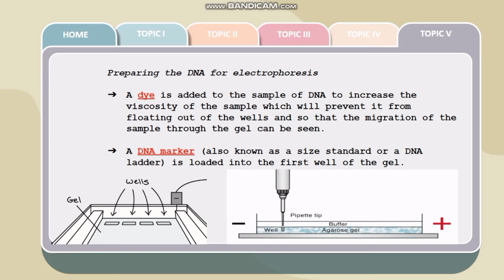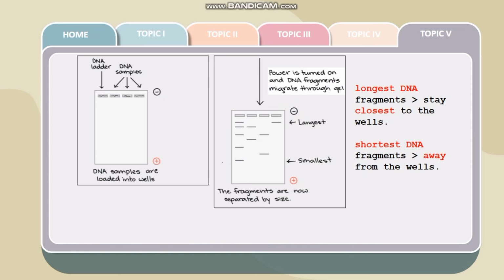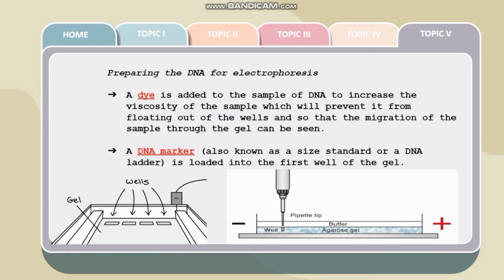A DNA marker, also known as a size standard or a DNA ladder, is loaded into the first well of the gel. You can observe on the first image below that the wells are located near the negative pole, while the second image illustrates the placement of loaded DNA fragments and agarose gel in buffer.